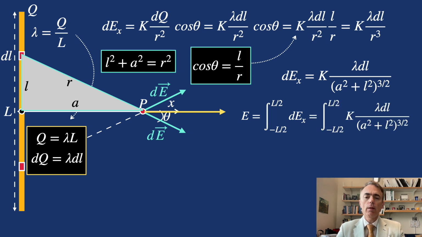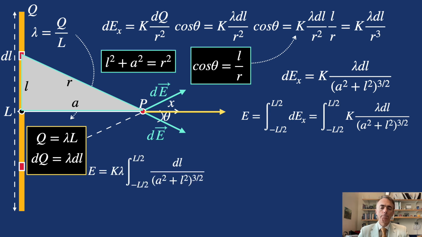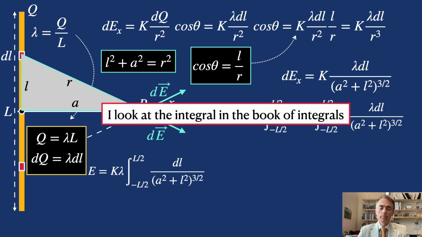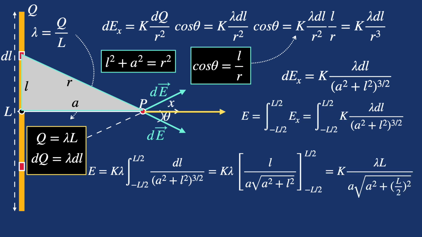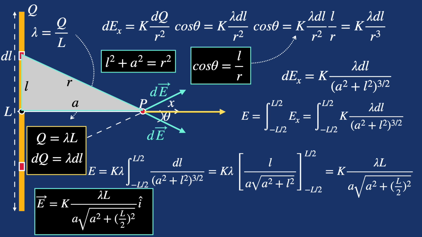Let me do the integral now. And voila! This is the field created by a finite rod of charge at a point, a distance a from the rod, along the perpendicular axis. Let me clean the blackboard.